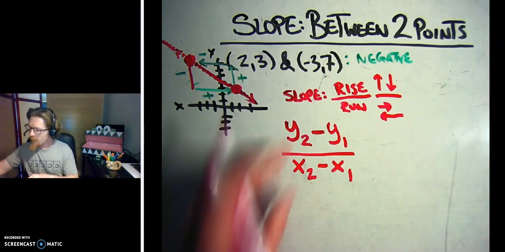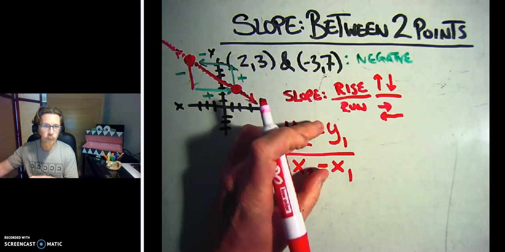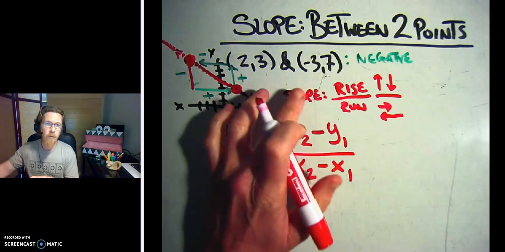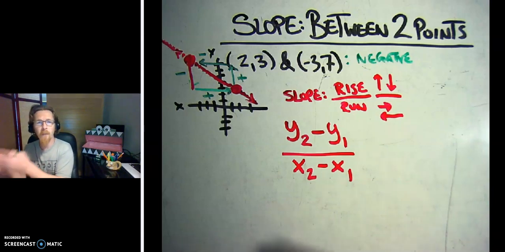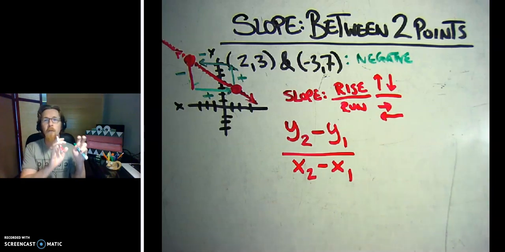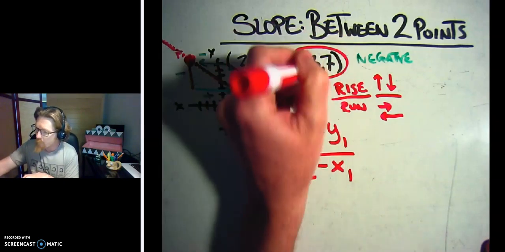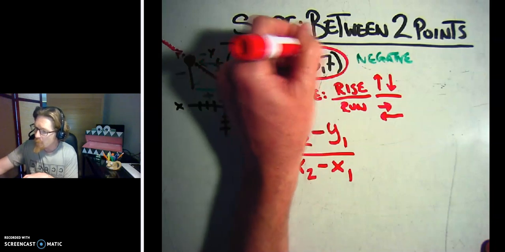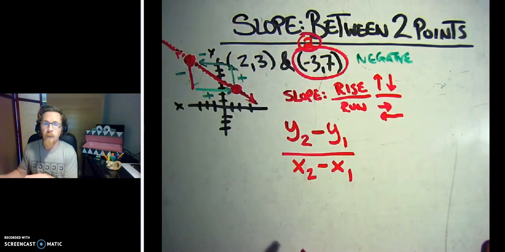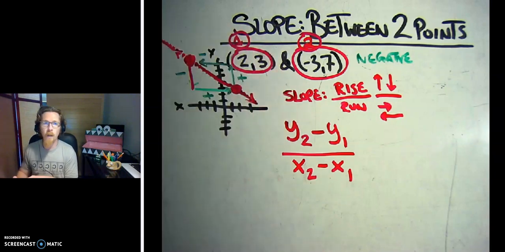Now I notice that the x and y of 2's are related and the x and y of 1's are related. So let's go back to our original 2 points and define one as the 1's and one as the 2's. I'm going to take this ordered pair here, this (-3, 7), and let's call these the 2's. And let's take the (2, 3) here and let's call these the 1's.